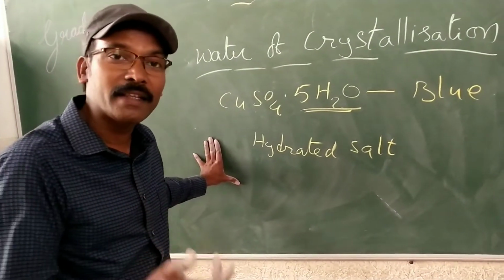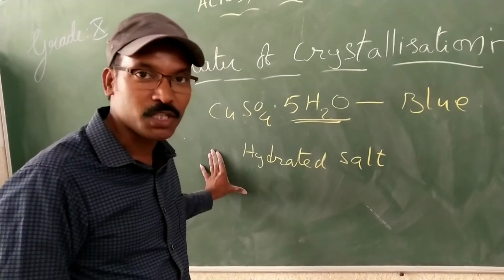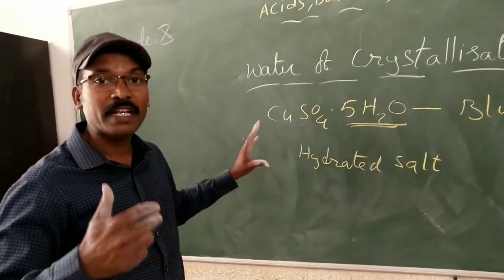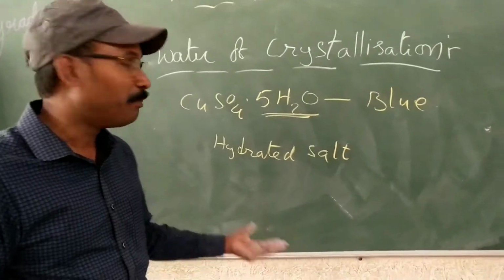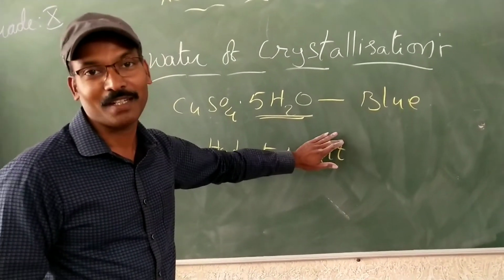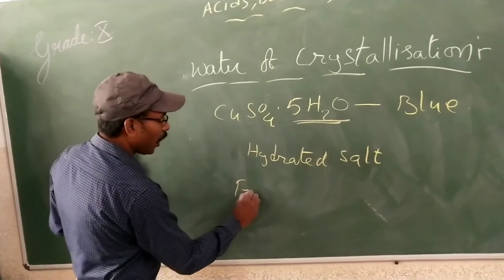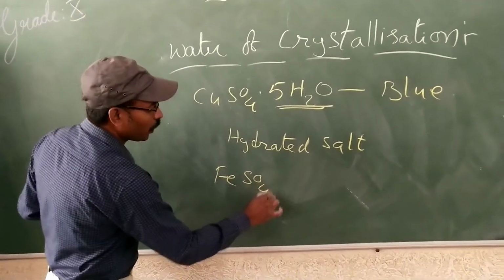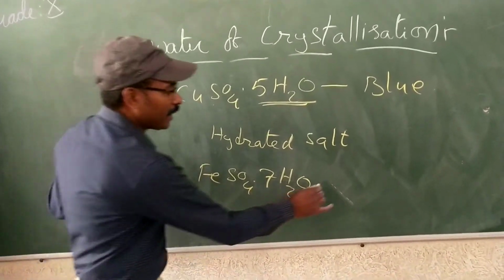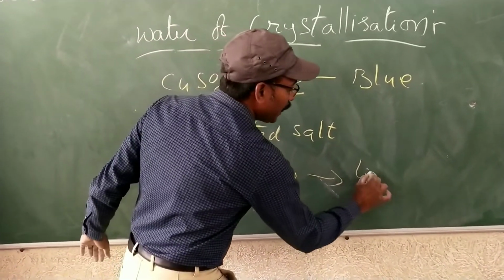It's not required that every salt should get the structure, and not every salt gets the color, but some will get the structure, some will get the color, based on their properties with the help of these water molecules. Okay, we take one more example: iron sulfate, FeSO4·7H2O. This iron sulfate is light green in color.